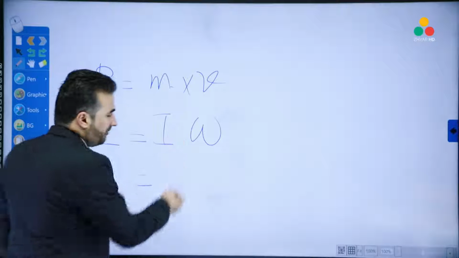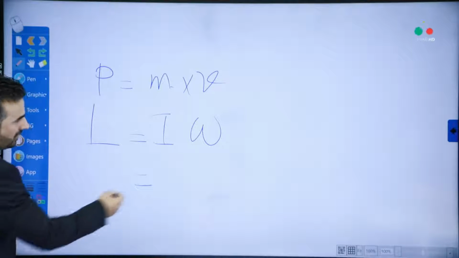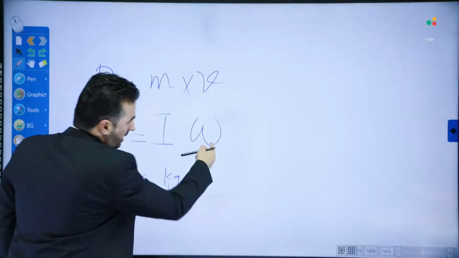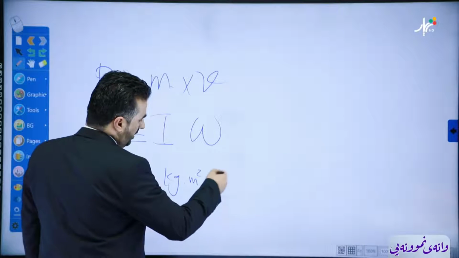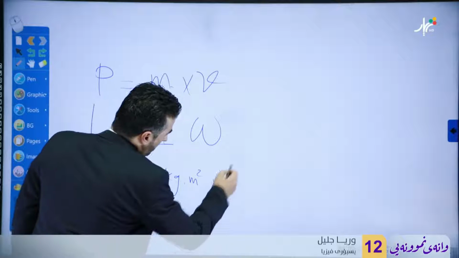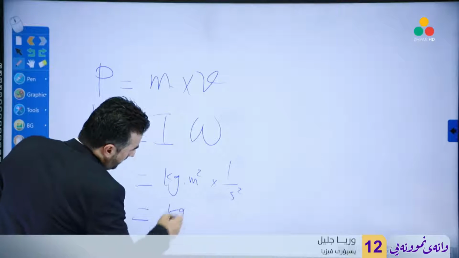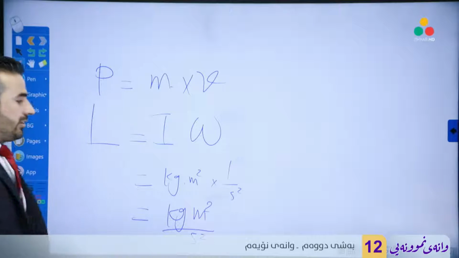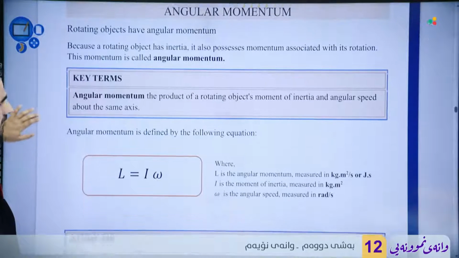For the moment of inertia it was kilogram meter squared, and for the angular velocity it was radian per second, but we're not going to use the radian, so it will be multiplied by 1 over second. So you could just say kilogram meter squared per second. And this is basically the unit of angular momentum.